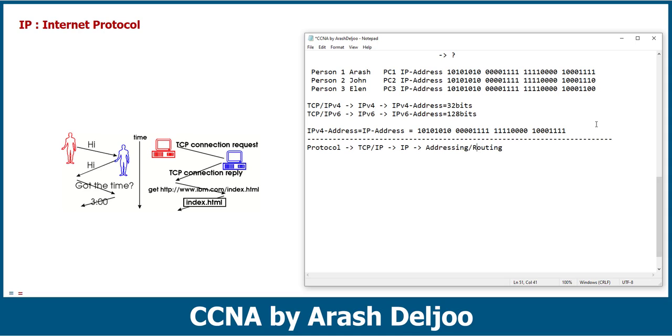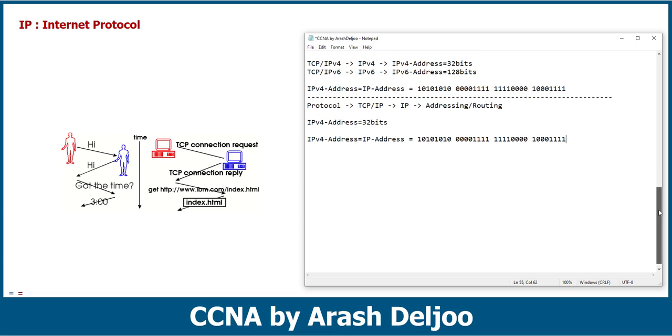About the addressing, we learned that IPv4, or the IP address, has 32 bits. Now I'm going to talk about these 32 bits. Also we have one example that we can use for better understanding the concepts of the IPv4 address.